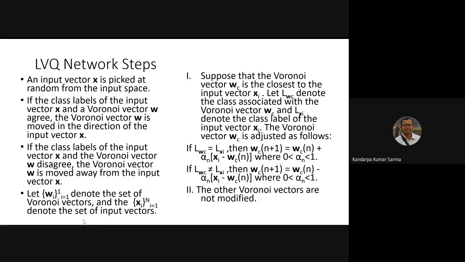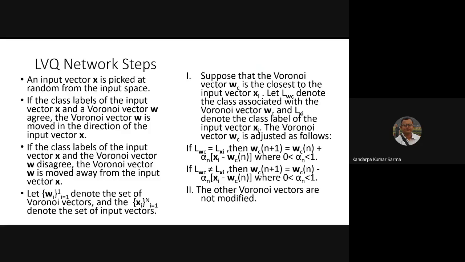So Lw of c will be Lxi when Wc of n plus 1 will take the value of the present weight Wc of n plus the learning rate times the difference between the pattern vector and the Voronoi weight vector, such that this learning rate is a fraction between 0 and 1.